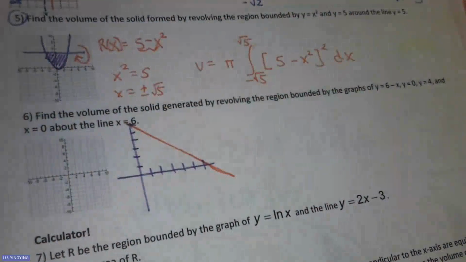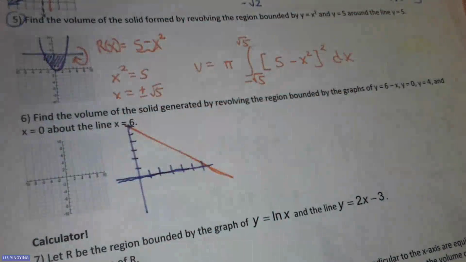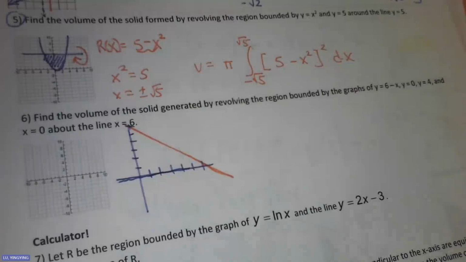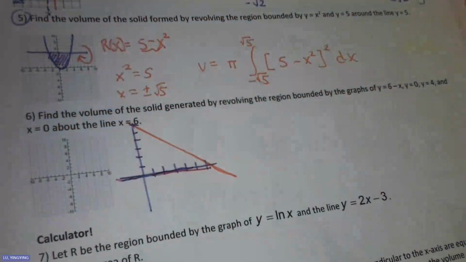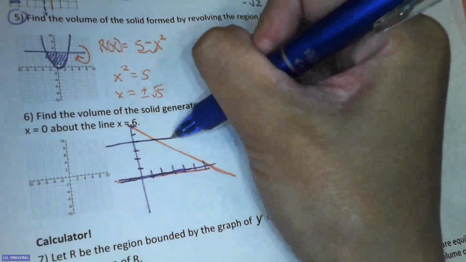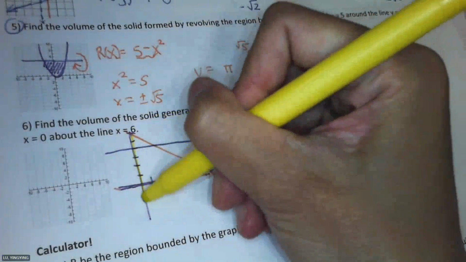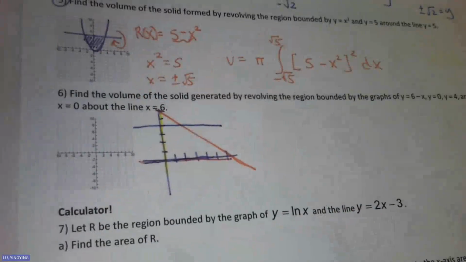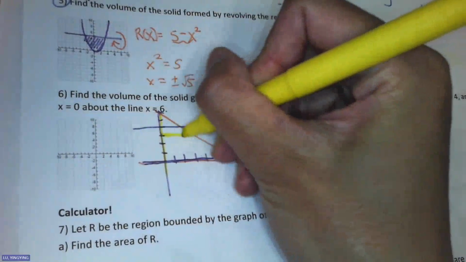And then y equals 0 is the line going this way. I need to use a different color. y equals 4 is this line going this way. And x equals 0 is this. Do you know which region we're talking about? Which one is bounded by all of this? The trapezoid, right? Good.